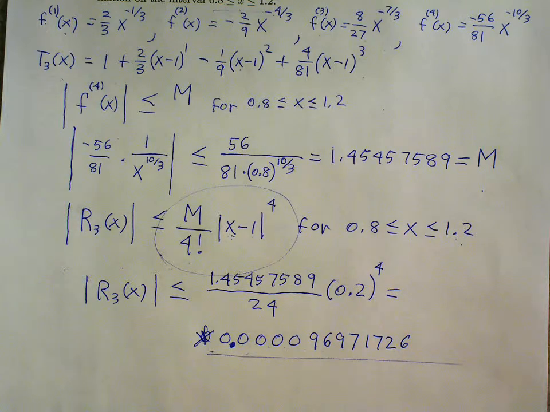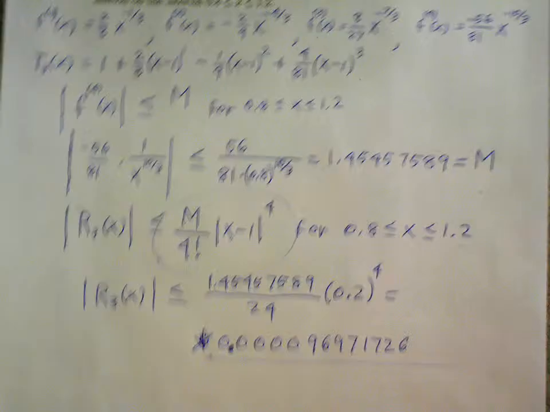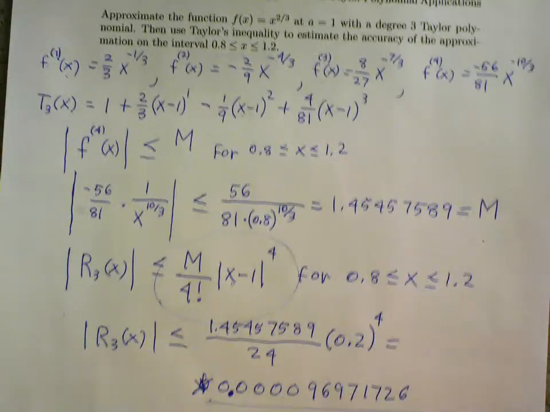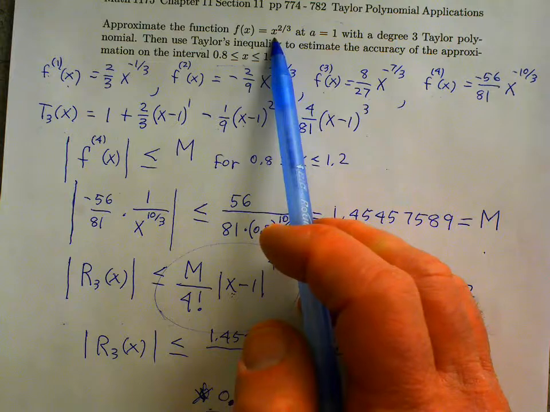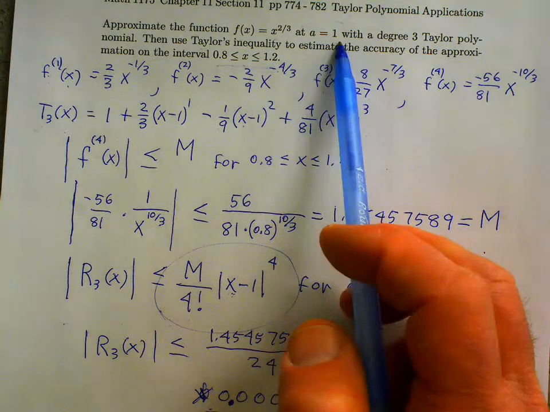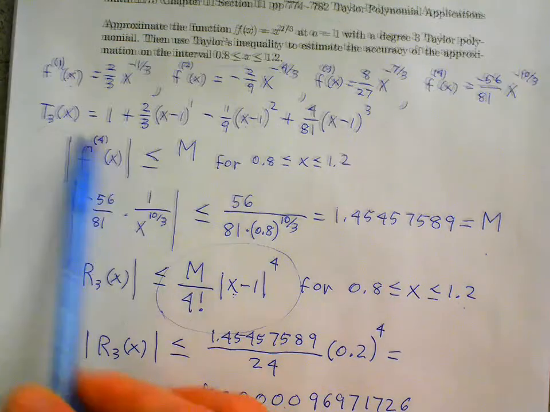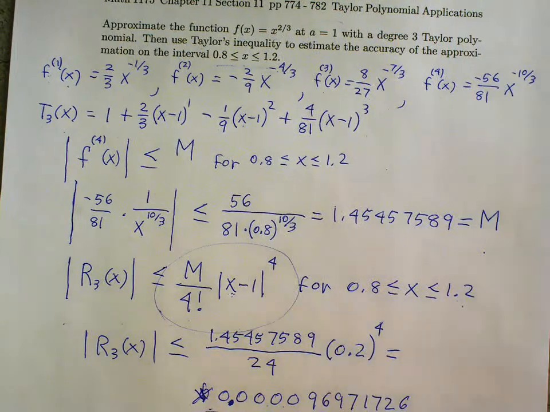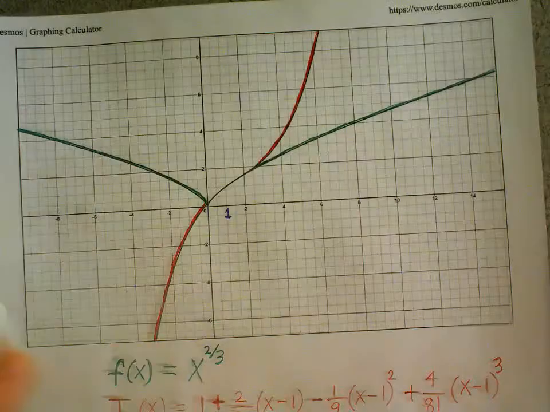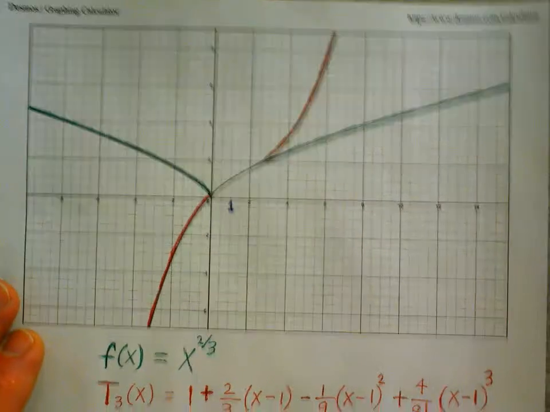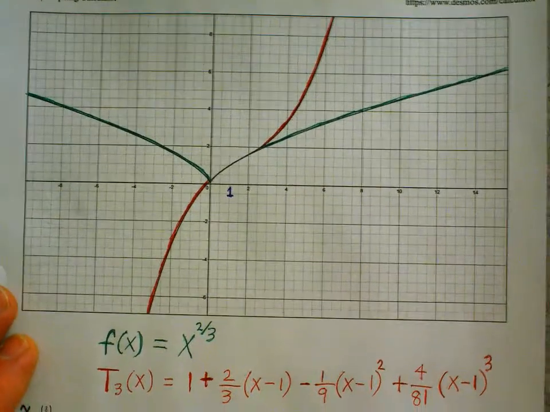Okay, a picture of that. So keep in mind we have the function f of x is x to the 2/3 at a equals 1. And this is the degree 3 Taylor polynomial. So here's a graph of the two functions together.